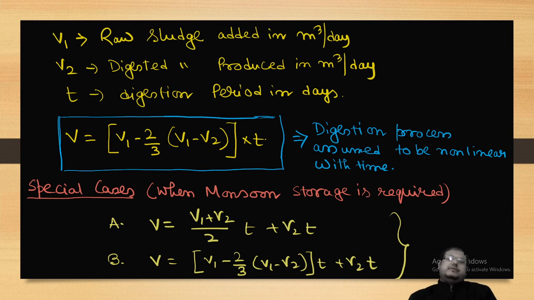And for the storage, digested amount जितना सॉलिड्स प्रोड्यूस हो रहा है उसके हिसाब से आपका स्टोरेज टैंक भी होगा. So V2 into T, this segment will be added with the overall volume. Clear?